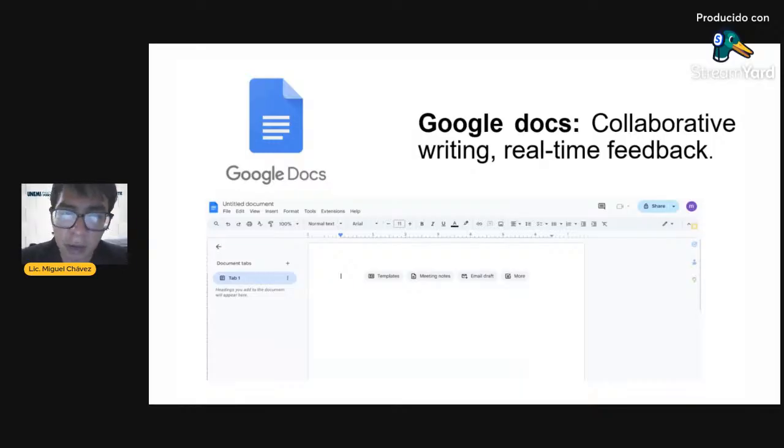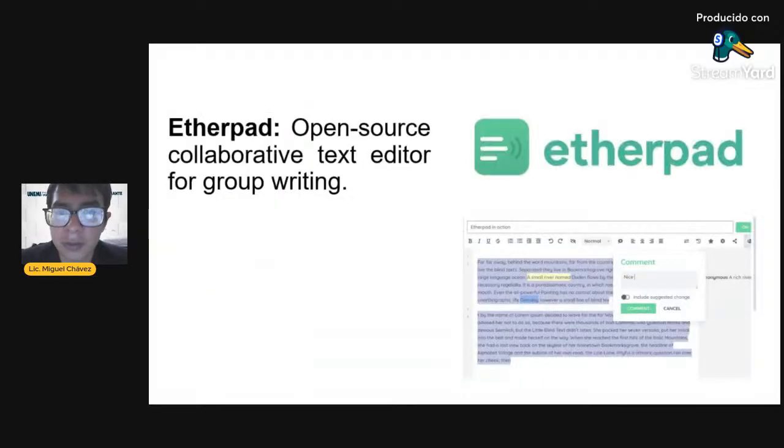So when you click on that one, you will be allowed to have a link, and you share the link with a partner. And when your partner opens the link, both of you can work on the same file, which is great. For example, if you need to do something that requires the two of you to work together at the same time, which is real-time synchronous. Continue, please, with the second one.